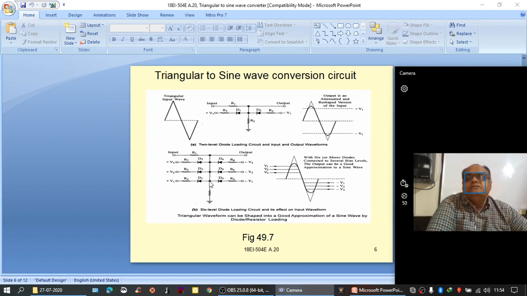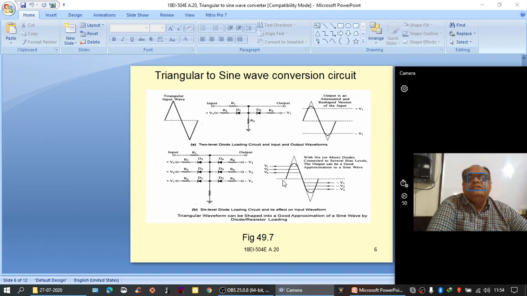When that output voltage, or a fraction of the input voltage, exceeds V1, diode D1 starts conducting. Similarly, when it exceeds V2, diode D3 starts conducting. When the potential here, that is at the output, exceeds beyond V3, diode D5 starts conducting.